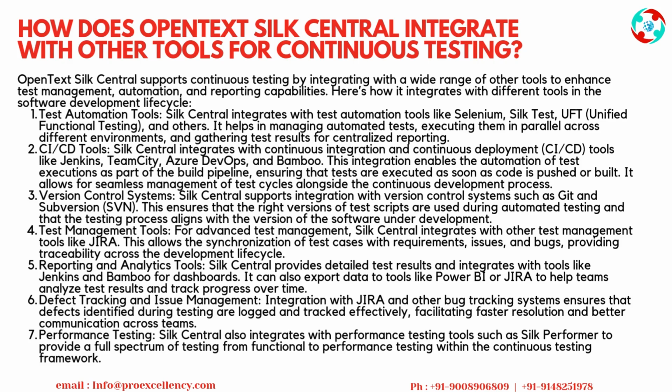Test automation tools. Silk Central integrates with test automation tools like Selenium, Silk Test, UFT (Unified Functional Testing), and others. It helps in managing automated tests, executing them in parallel across different environments, and gathering test results for centralized reporting.